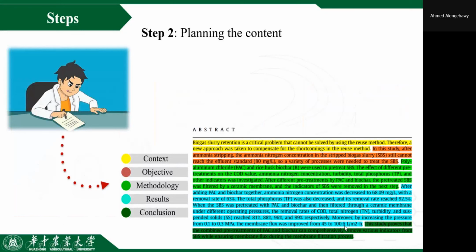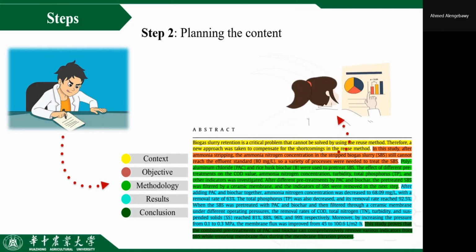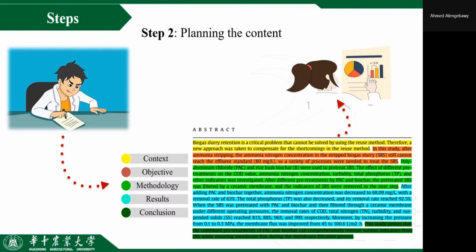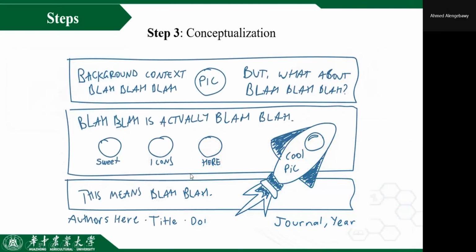So by planning the content, now you know what you will make in your graphical abstract. But make sure to focus on the main findings of your article. The third step is the conceptualization of your graphical abstract.